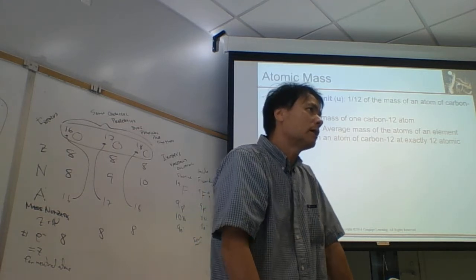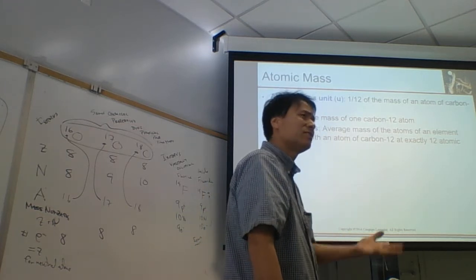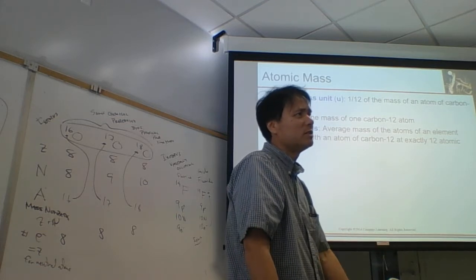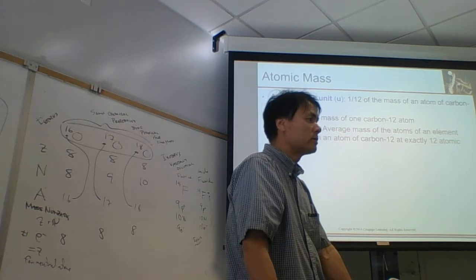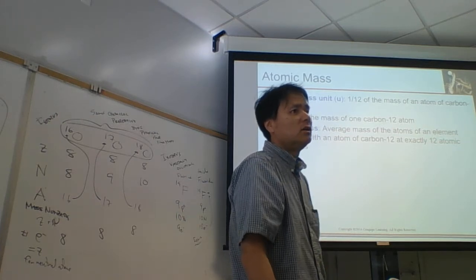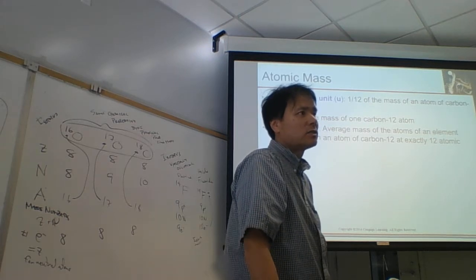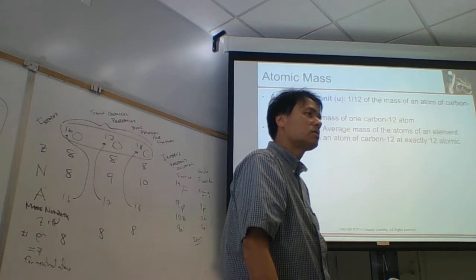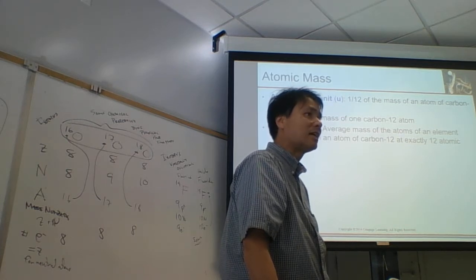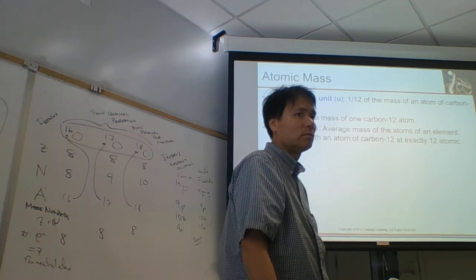And so back in the pre-1950s, somewhere around the 1950s, they used to use oxygen. How was the U defined in the 1950s? The U is defined as the mass of an oxygen-16. What they decided to do is the mass of an oxygen-16 atom weighs exactly 16 U.